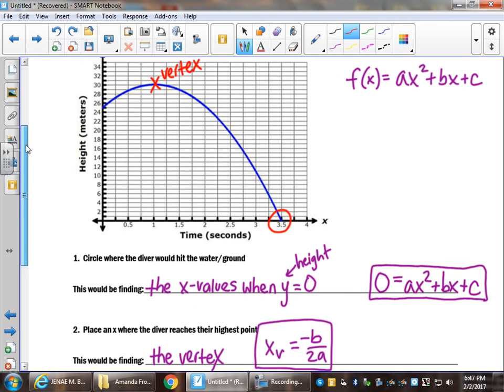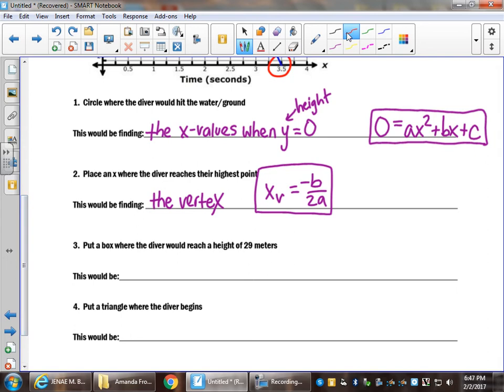And then this notation, xv, means the shorthand way of saying x value of the vertex. But instead of having to write that all the time, x value of the vertex equals, we just say x with this little subscript v, and then we automatically know, oh, that's talking about the x value of the vertex.